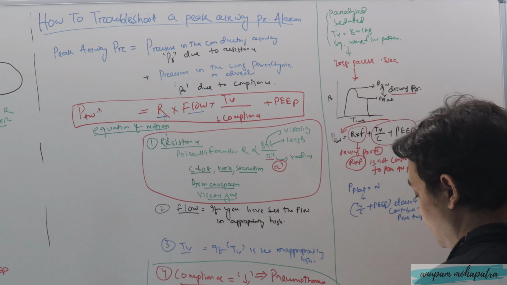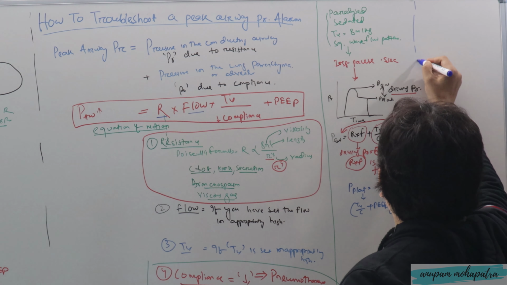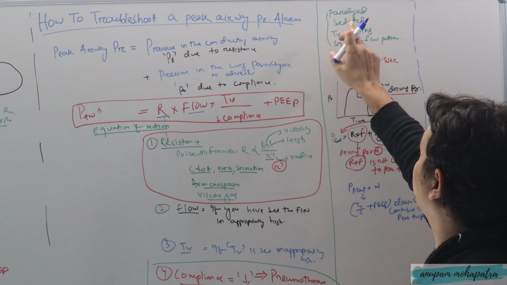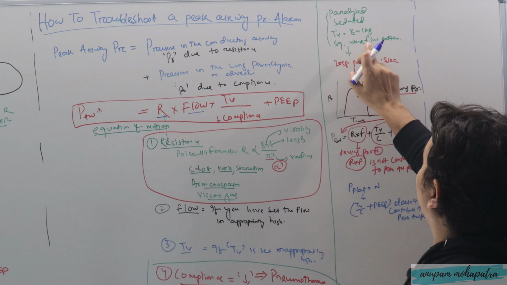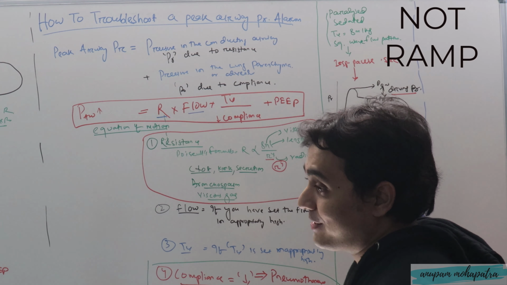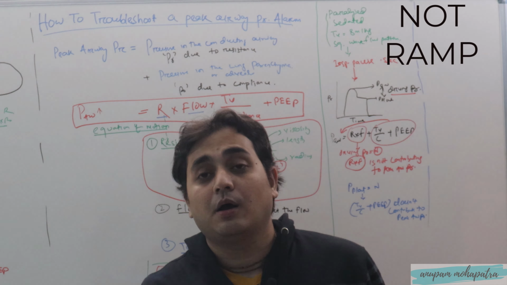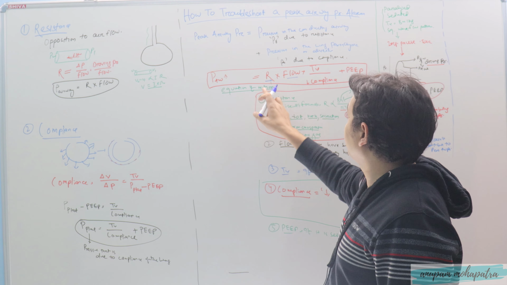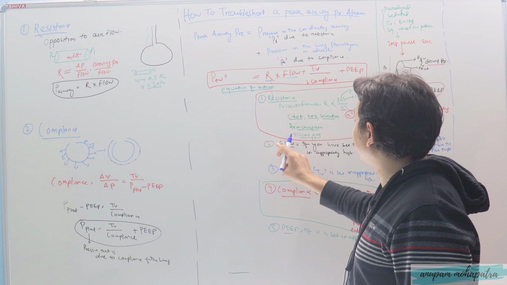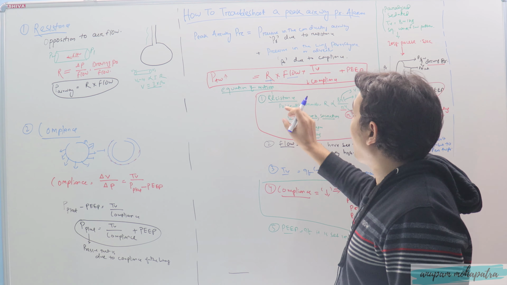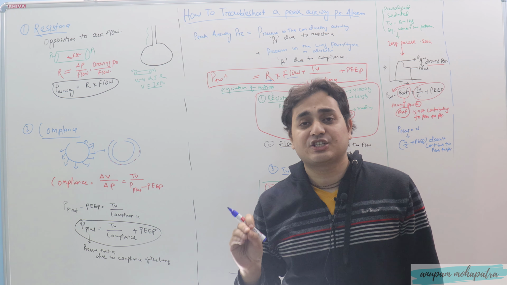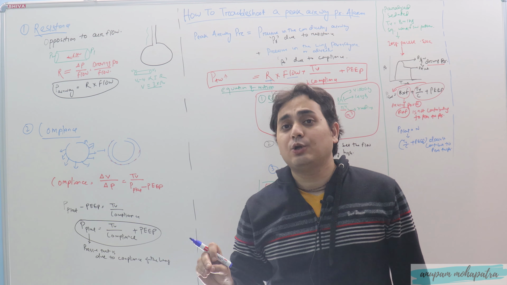So in this way you can divide these two things, provided the patient is paralyzed, sedated, you are giving a tidal volume of 8 ml per kg, and you have a square wave flow form. Otherwise, if the patient is not paralyzed, we can just follow this formula, go one by one, and decide what is actually contributing to the increased airway pressure of the patient, and accordingly you can treat it.